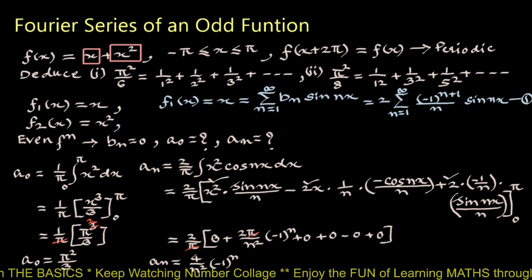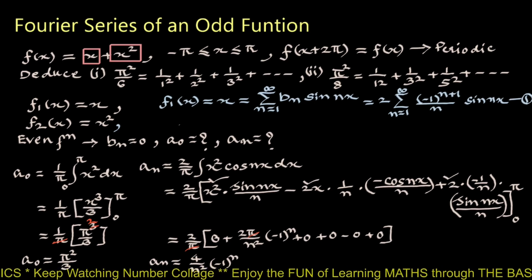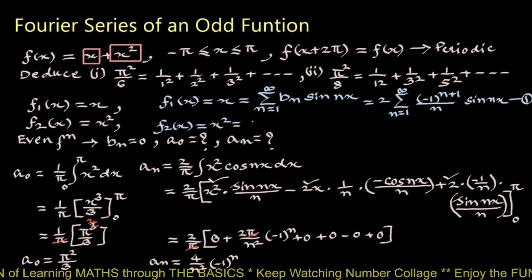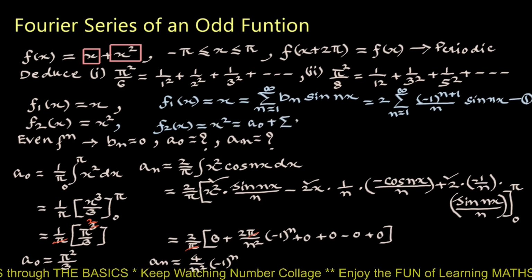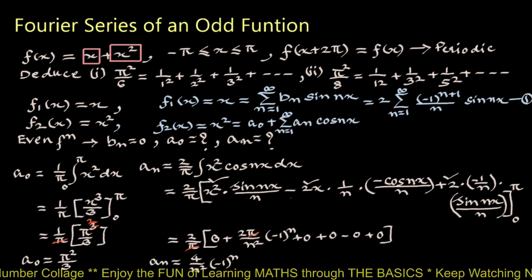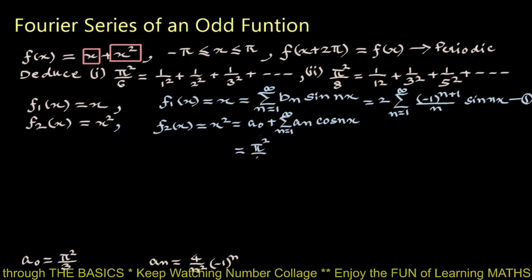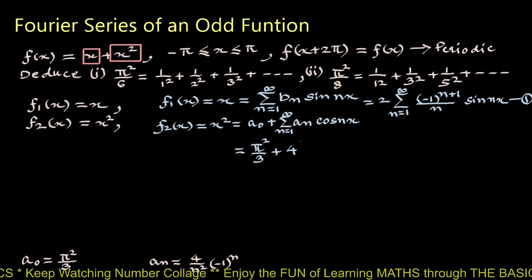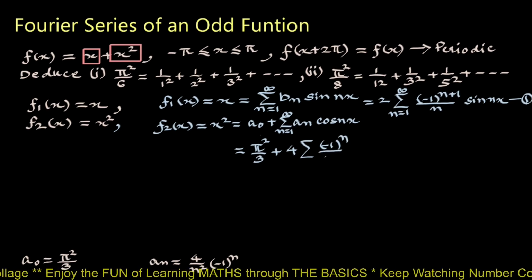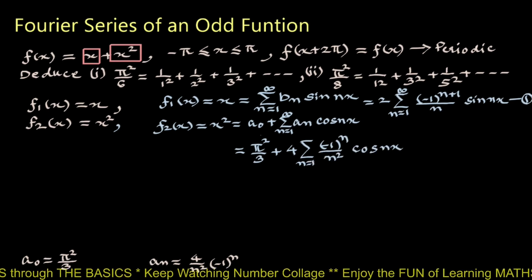Now we write the Fourier series of f2 of x, which is x square, given by a0 plus summation an cos nx, n from 1 to infinity, equals pi square upon 3 plus 4 summation minus 1 to the power n upon n square cos nx, n from 1 to infinity.